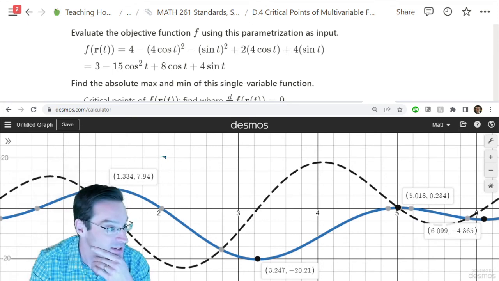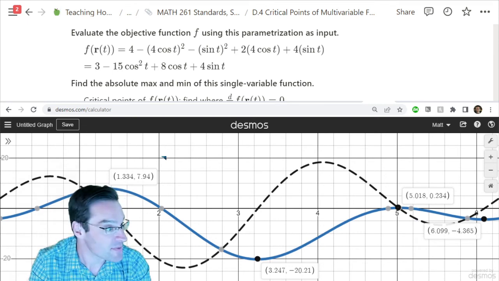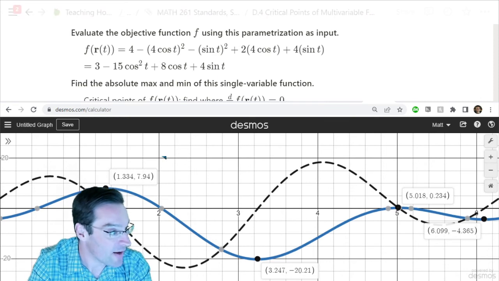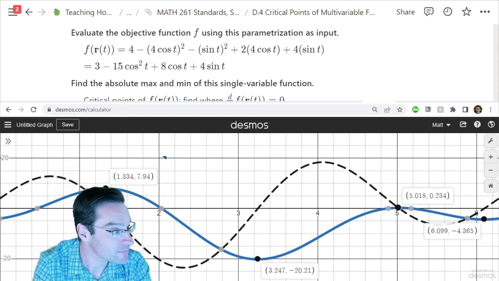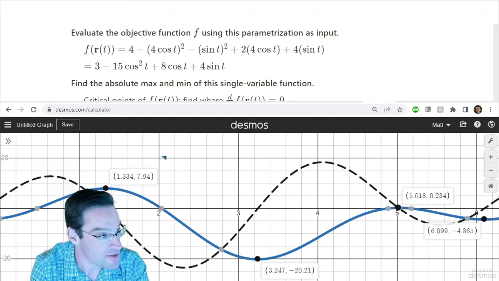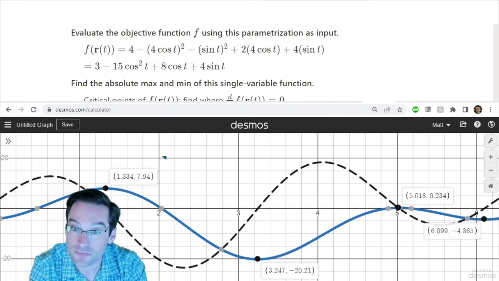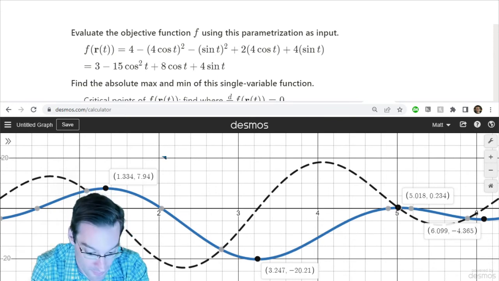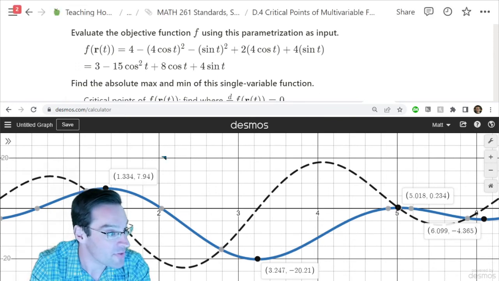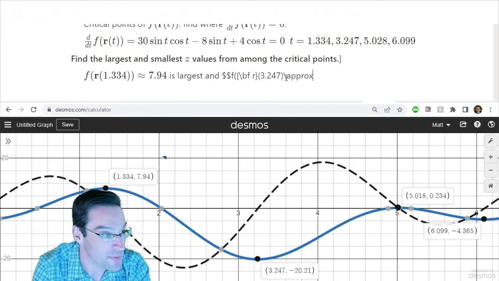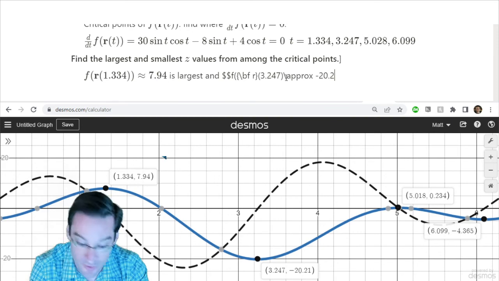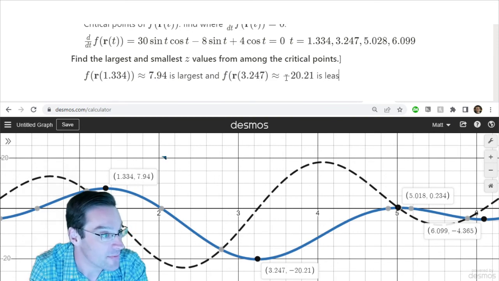So when I plug all of these in, the largest z-value from among these is the one found at t equals 1.334, which is about 7.94, is the largest, and f of r of 3.247. Sorry, I'll scroll up on this a little bit so you can see it on my screen. F of 3.247, which is approximately negative 20.21, is least.